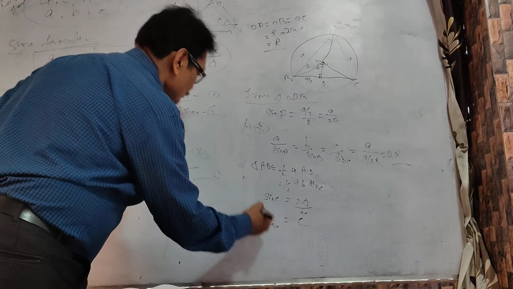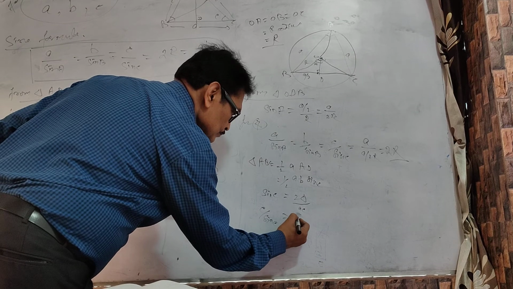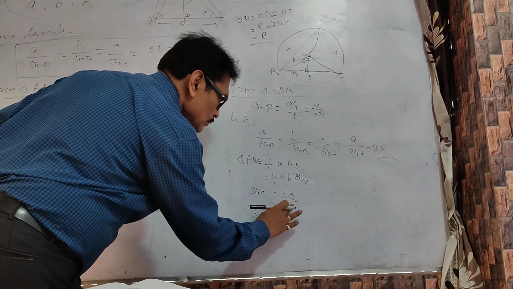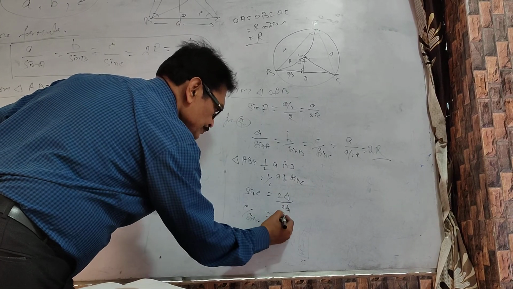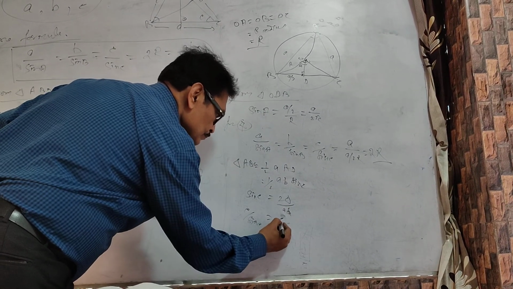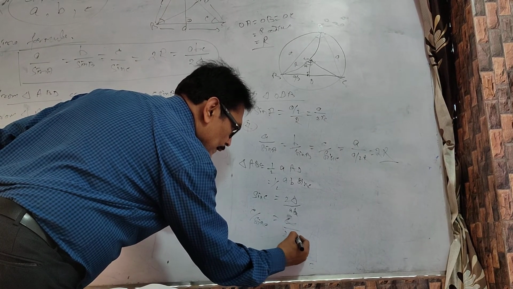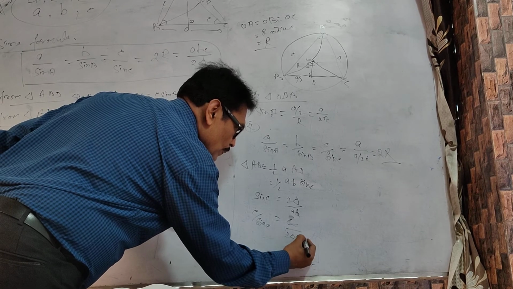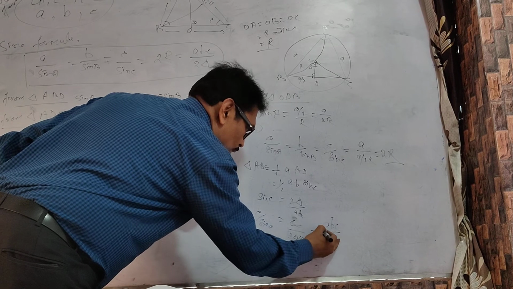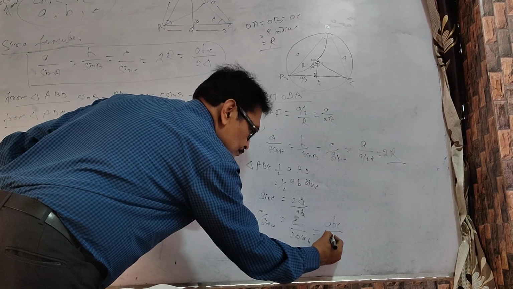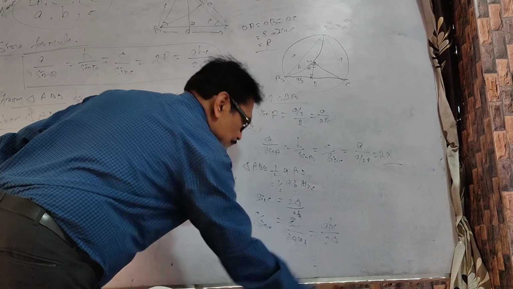So c upon sin C is equal to c upon 2 times the area of the triangle upon ab, and this is abc upon twice the area of the triangle.